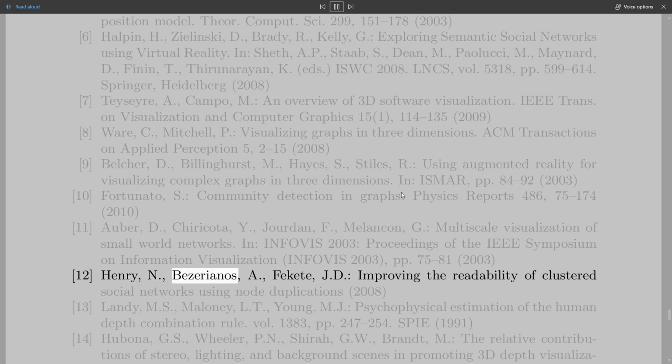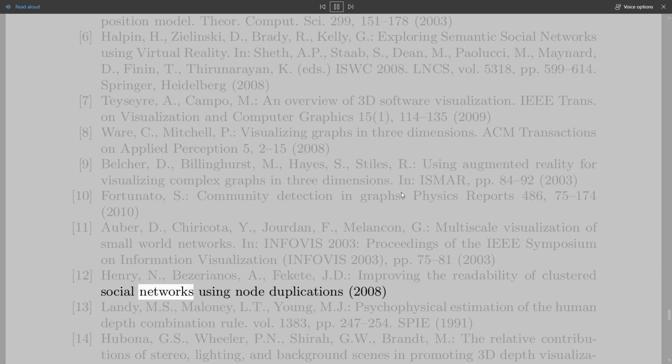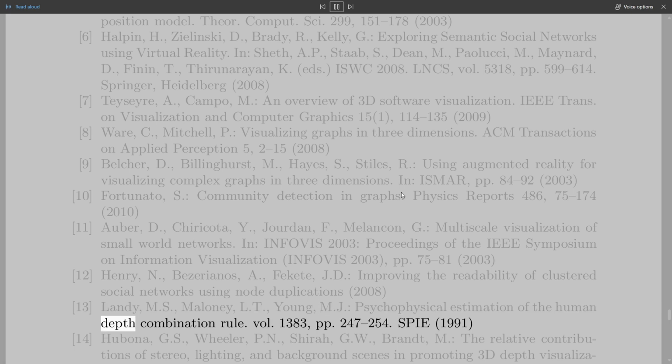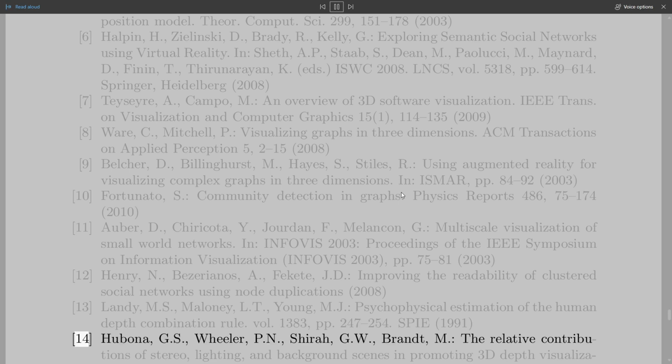12. Henry, N., Bezerianos, A., Fekete, J.D. Improving the Readability of Clustered Social Networks Using Node Duplications, 2008. 13. Landy, M.S., Maloney, L.T., Young, M.J. Psychophysical Estimation of the Human Depth Combination Rule. Volume 1383, pages 247 to 254. SPIE 1991. 14.